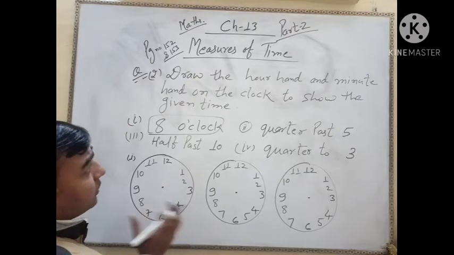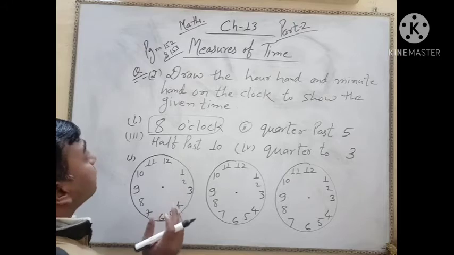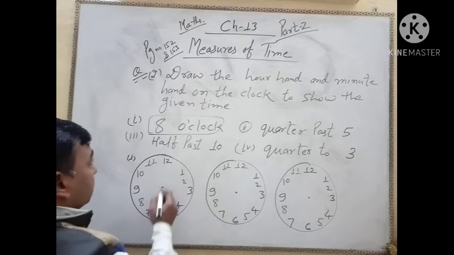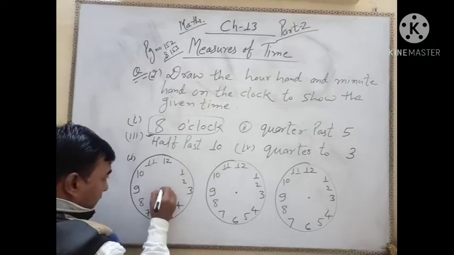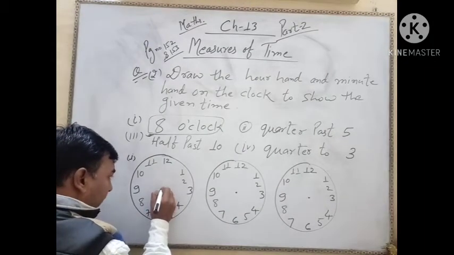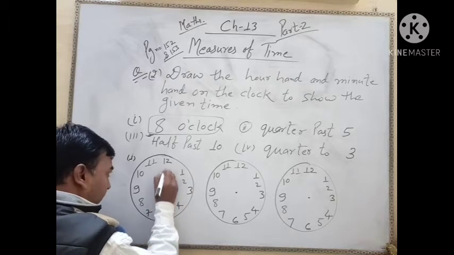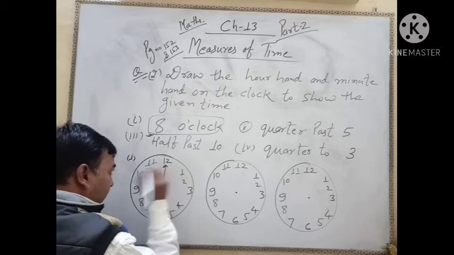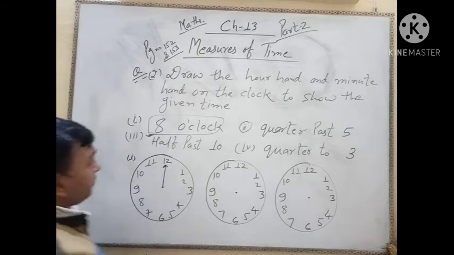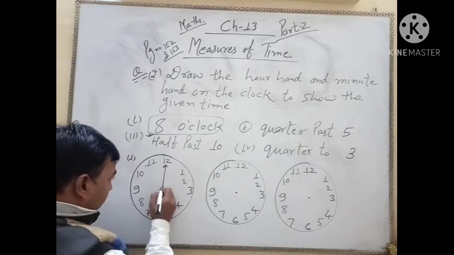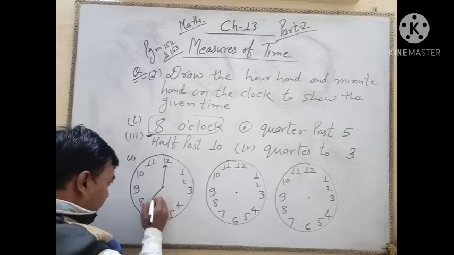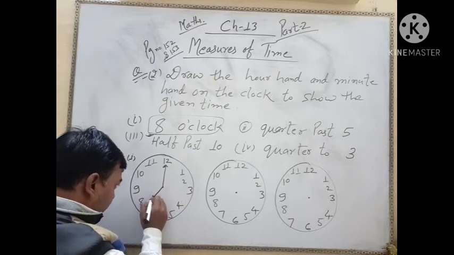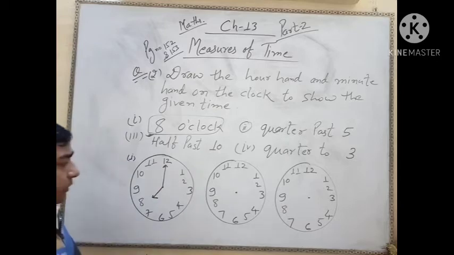One smaller hand, the second one is longer. The minute hand will be on 12 and the smaller hand, or hour hand, will be on 8.